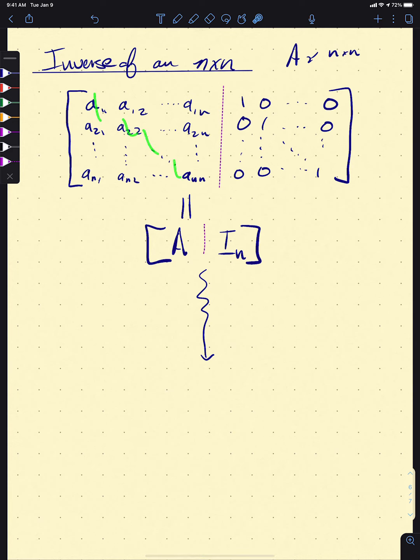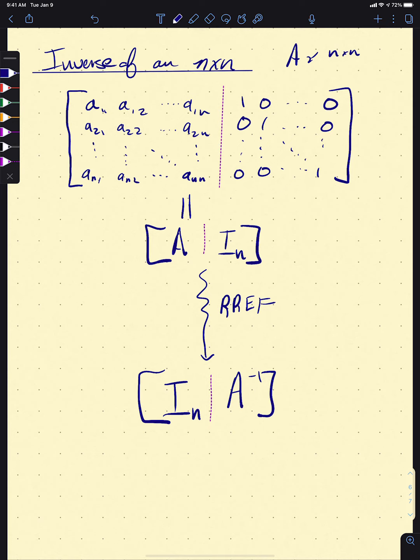You're going to have ones along the diagonal and zeros everywhere else. And the really cool thing is if you do RREF, or I guess Gauss-Jordan elimination, to put this guy in RREF, you get the identity matrix on this side, and the other side, through that process, is transformed into the inverse matrix, okay?